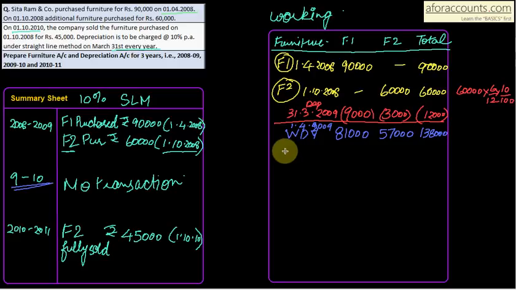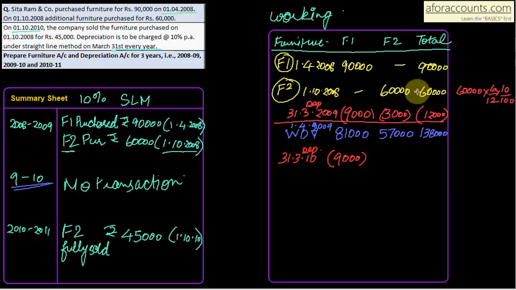Now 31/3/2010 depreciation amount. It is straight line method. So you will take the base amount 90,000, 10% of it comes to 9,000.